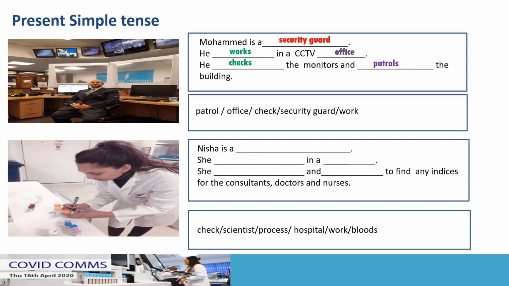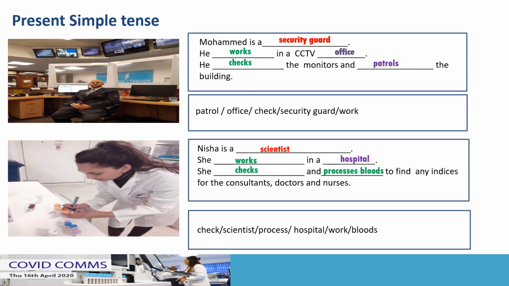Okay, same thing for Nisha now. So Nisha is a scientist. She works in a hospital. She checks and processes bloods to find any indices for the consultants, doctors and nurses.